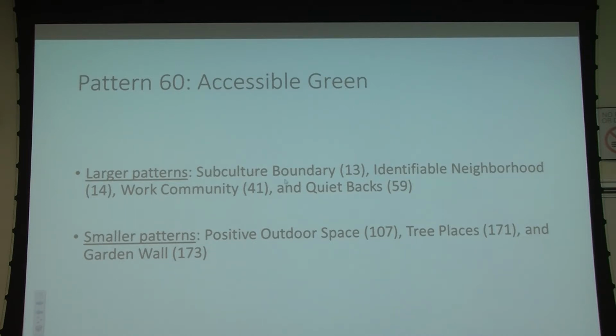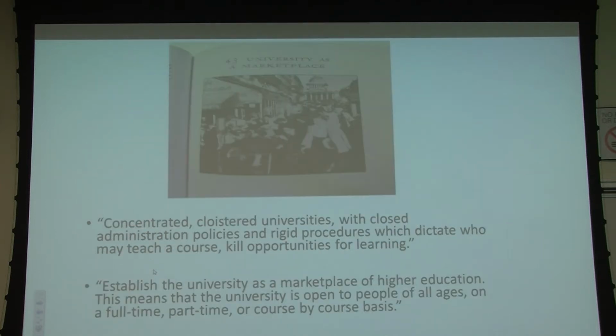A subculture boundary, identifiable neighborhood. You think about the student ghetto, right? Where Ricky lives. And Margot, right? So quiet backs. So accessible green is built with these inside it. But also, what's inside an accessible green is a positive outdoor space, tree places, a garden wall. You think about all around the campus. It's a good example.